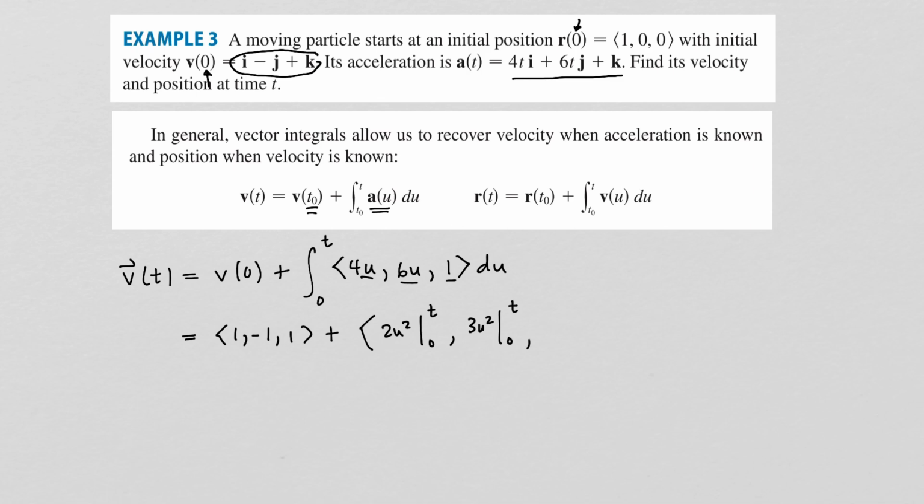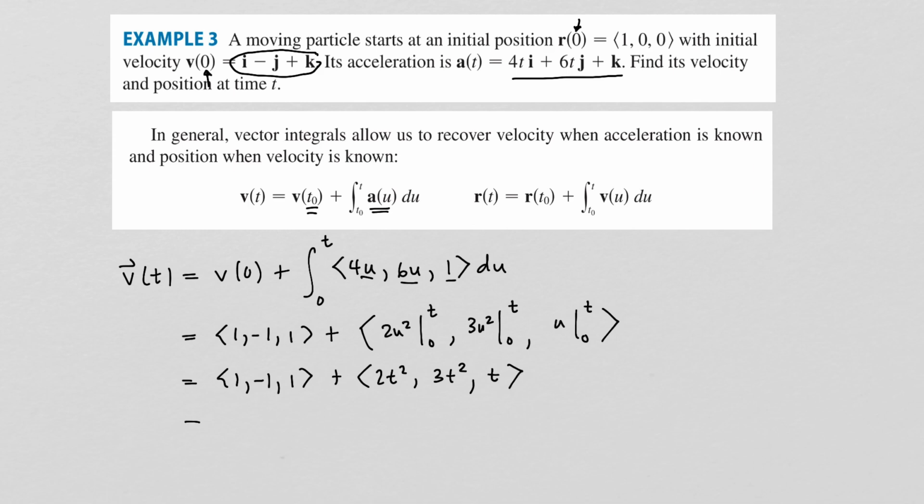And finally, the antiderivative of 1 is u, and that also goes from 0 to t. Now, the notation here is probably not commonly used, but I find this to be actually pretty practical. So I'm just going to apply the fundamental theorem of calculus on each one of these, which means plugging in t for u. And of course, when you plug in 0, you get 0 for all of these. And so this simply becomes 2t squared, 3t squared, and t.